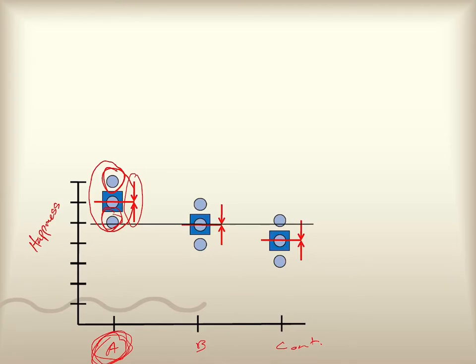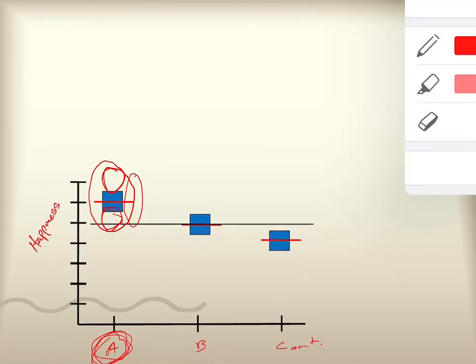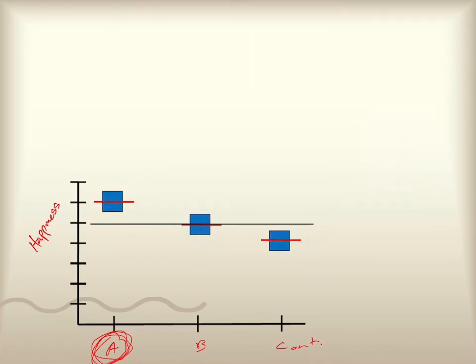Next, we want to compare those variances to the variability that we see between each one of the groups. Let me erase this. Between each one of the groups and the grand mean, or what we've called the null expectation.